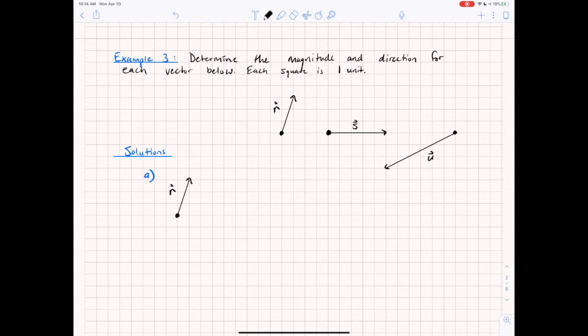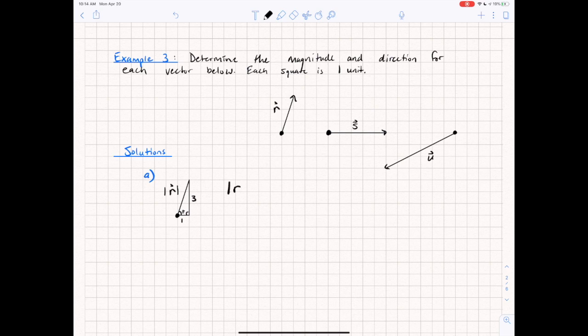So in terms of this vector here, I'm going to draw my triangle with the horizontal, like this. I'll even get rid of the arrow so we can see it. The angle that I'm looking for is right here. In terms of the magnitude, this would be 1, and this would be 1, 2, 3.